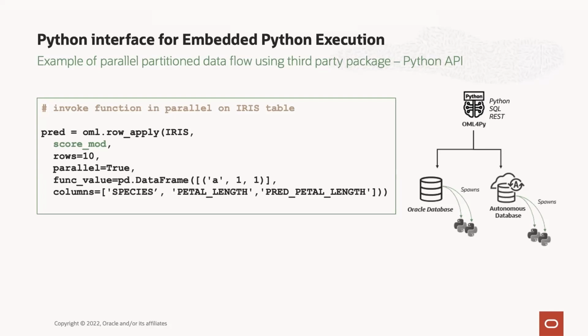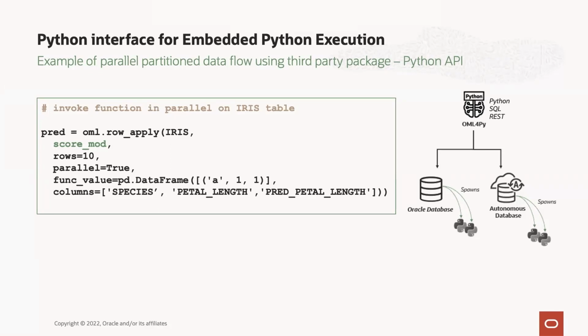We are using OML.ROApply to score the iris data and invoking our UDF in parallel on the iris table using multiple Python engines spawned and managed by the database environment. We then run an OML.ROApply function on the iris table, pass in our user-defined function scoreMod, and indicate we want 10 rows to be processed per invocation.